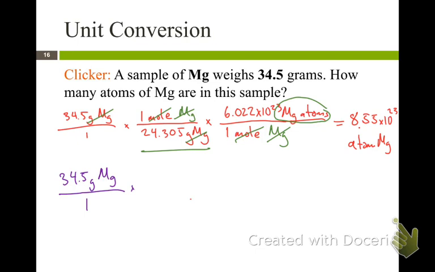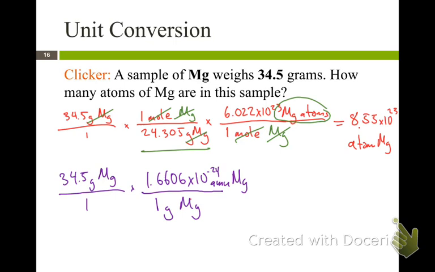So let's look at the second approach, which is one that certain homework platforms don't necessarily support. The first thing that we could have done is convert from grams of magnesium to the weight in AMU, because we know that 1 gram of anything is the same as 1.6606 times 10 to the negative 24th AMU of that thing.